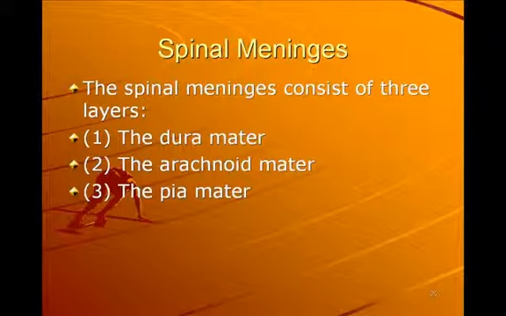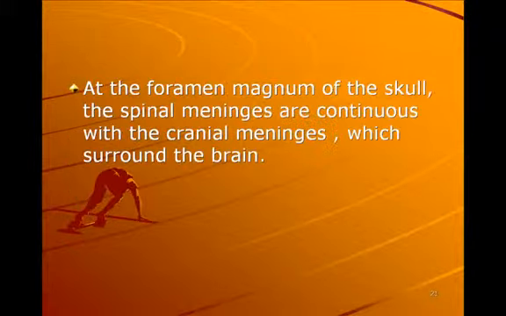The space between the arachnoid mater and the pia mater is the subarachnoid space. A space between the dura mater and the arachnoid mater is referred to as the subdural space. Above the dura mater is a space between the dura mater and the skull itself. That is referred to as the epidural space.